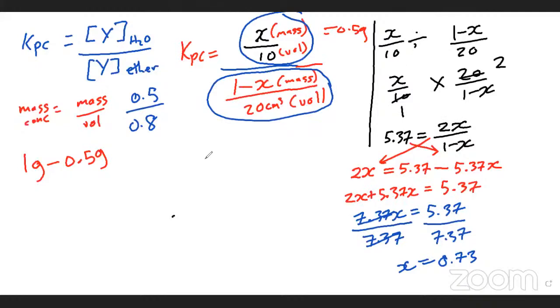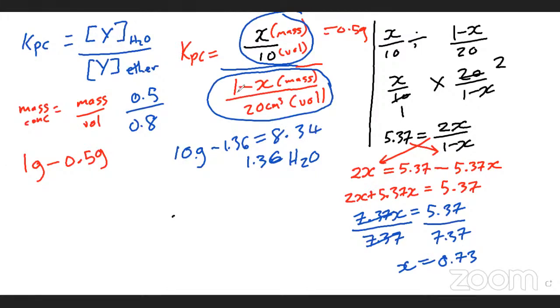So remember, why the minus x in one again? This is the mass, and x is the mass of the solute in water. If you want to know the mass in the ether, remember the question we worked a while ago? You have 10 gram and 1.36 was in the water. So we subtract 1.36 from the 10 gram, and we got 8.34.